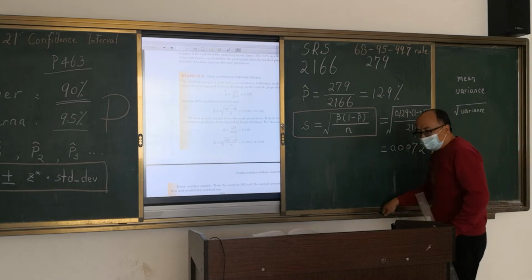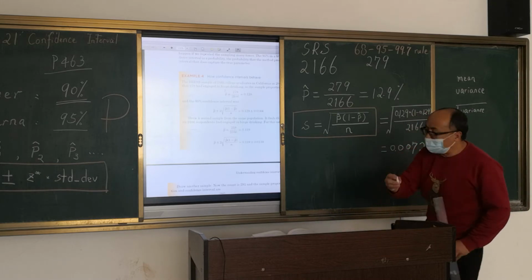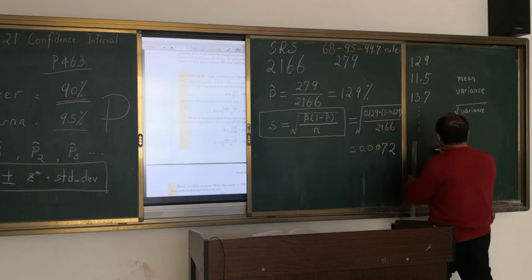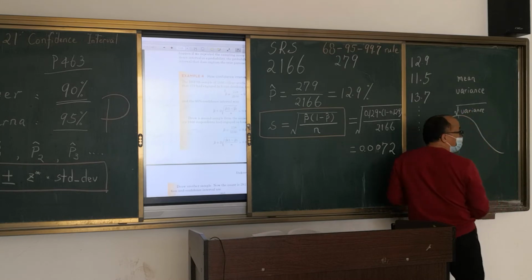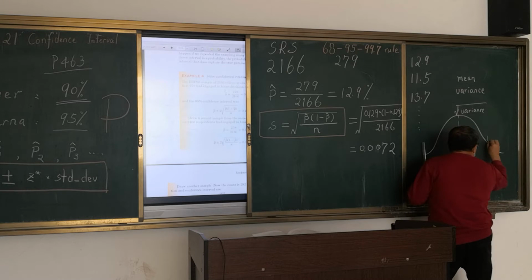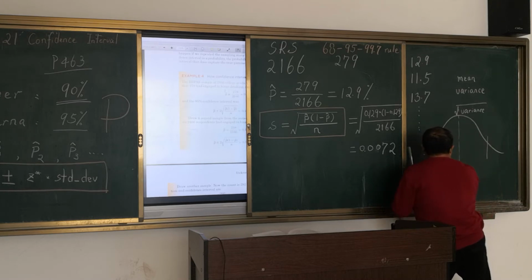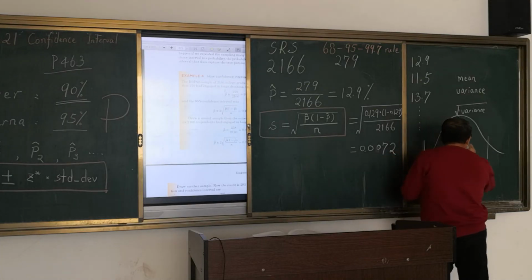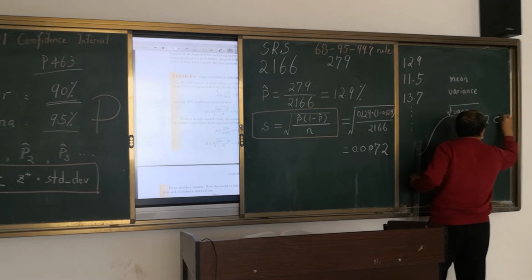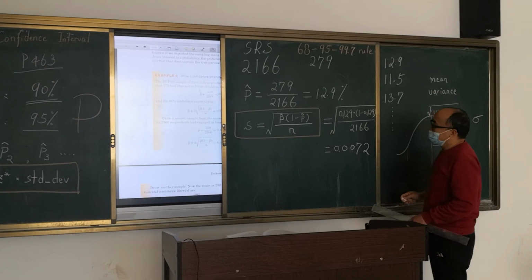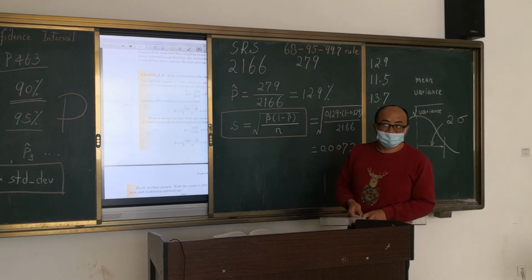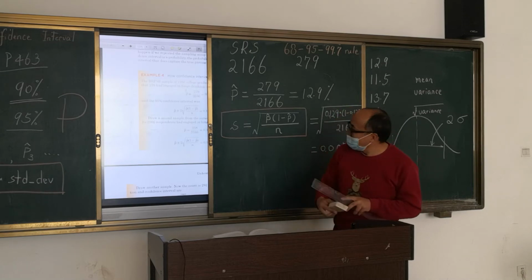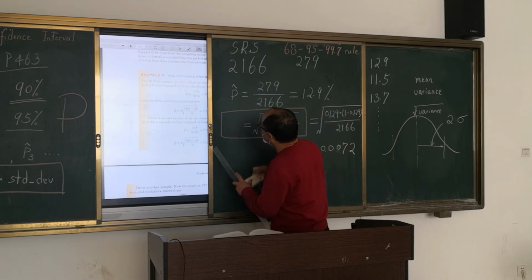Remember? That's a big reason we spend a lot of time on the normal distribution. If we want 95% confidence, this needs 2 sigma. Gosh, this maybe should be sigma. Forgive me, okay?